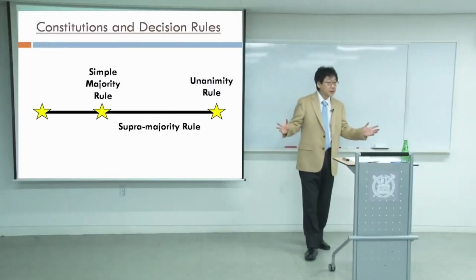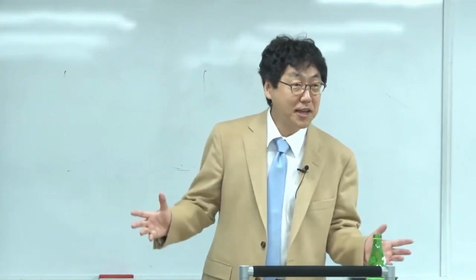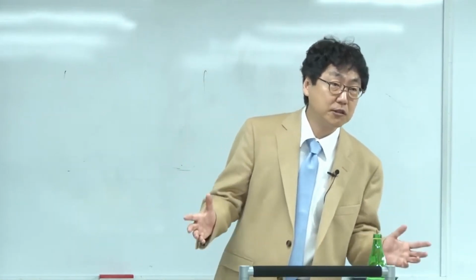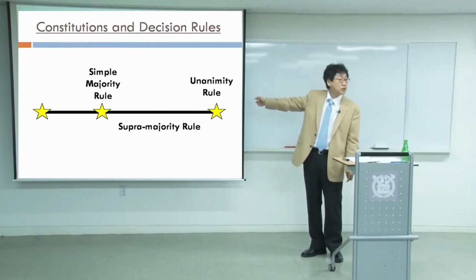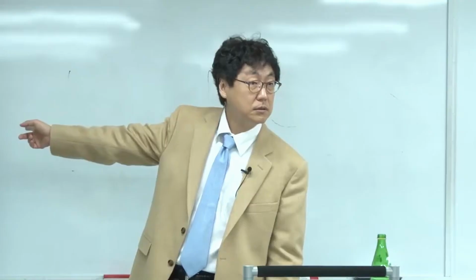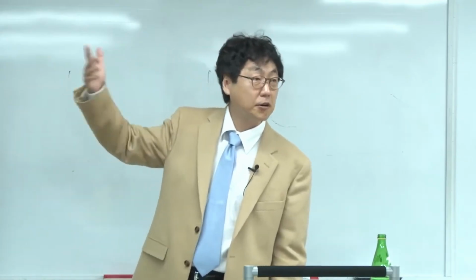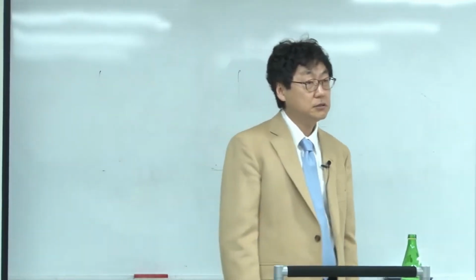If you like what's being set up now, you should say that the decision rule in the National Assembly should be near unanimity rule. If you want a systemic change later on, you should insist on simple majority, okay?